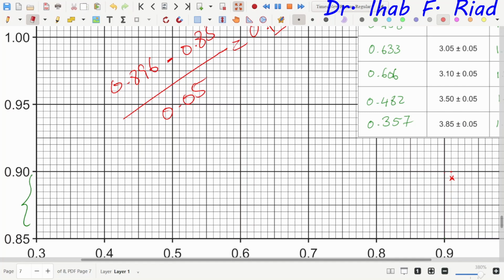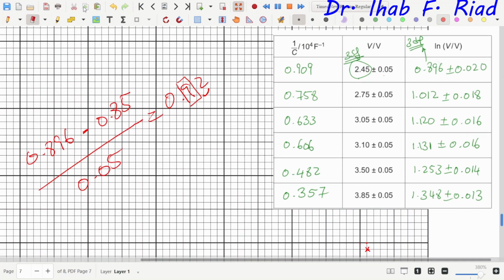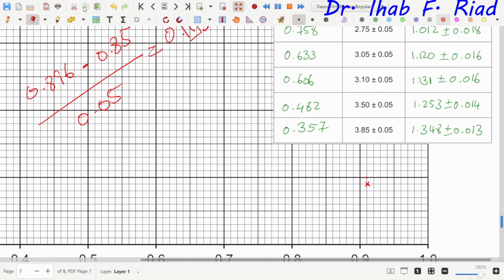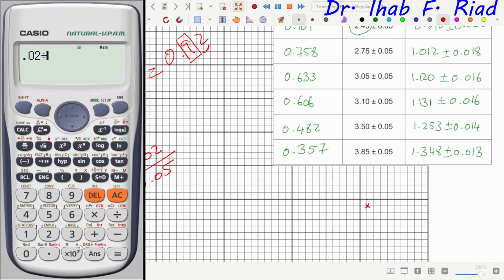Now we are going to go for the error bars. What is the error bar? It is 0.02. Now, how to decide the error bars? It is 0.02 divided by 0.05, which is 0.4.